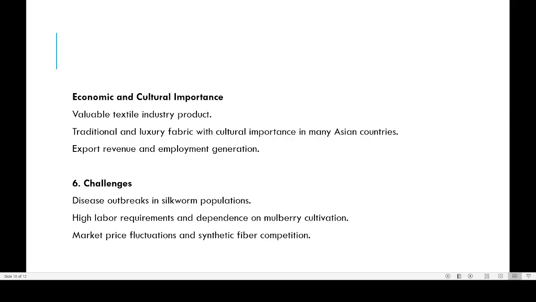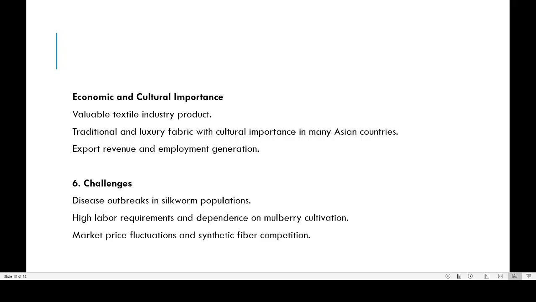It is a traditional luxury fabric with cultural importance in many Asian countries, and it brings export revenue and generates employment. Silk can be exported to many countries, and when people engage in silk farming or silkworm rearing, many people get employment. So these are some of the benefits: creating employment, making money, and foreign exchange. The silkworm industry is very important.